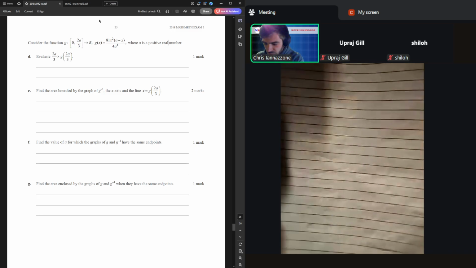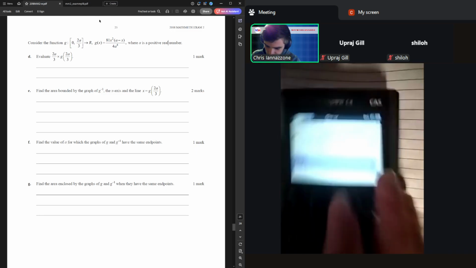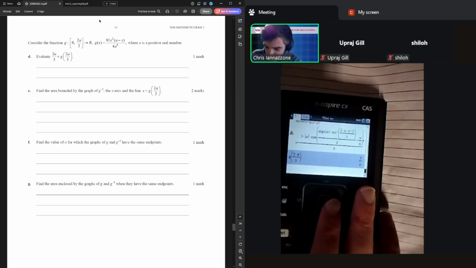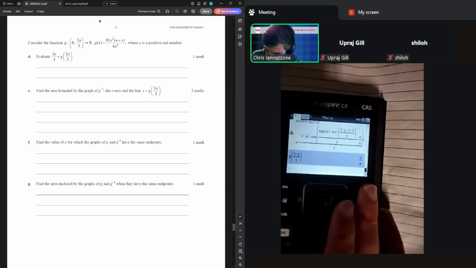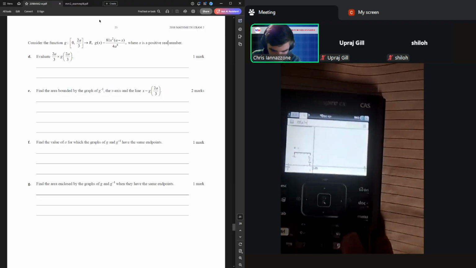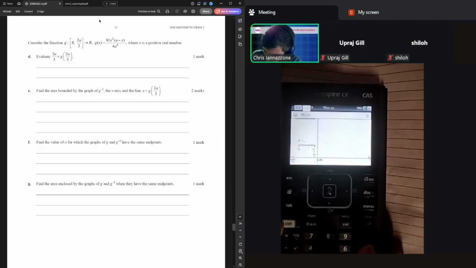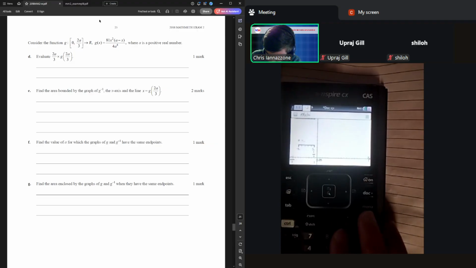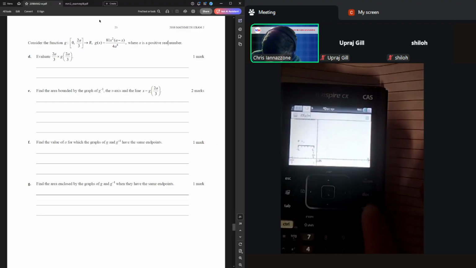Maybe I should get the CAS out. Do these a bit better. Oh, right, the reason I didn't do it is because you can't get g inverse on it. Now we can plug in the two numbers anyway. The whole x equals 2a on 3.